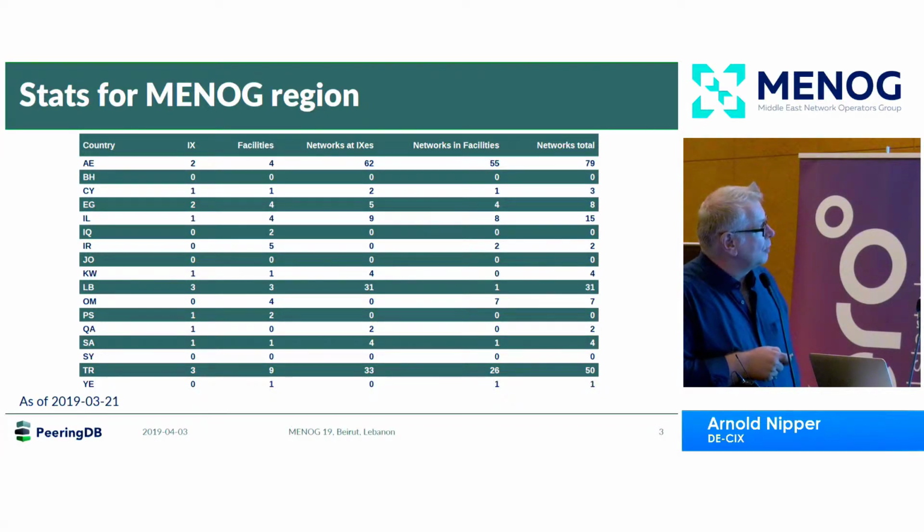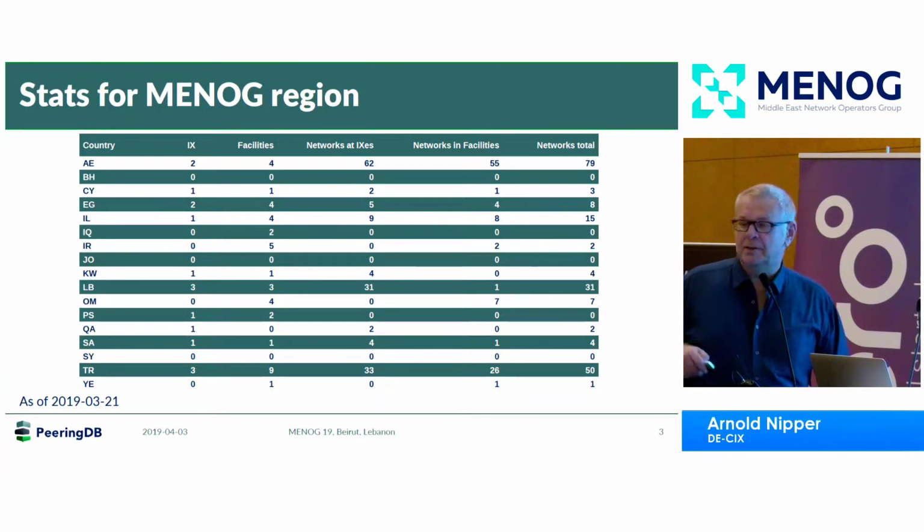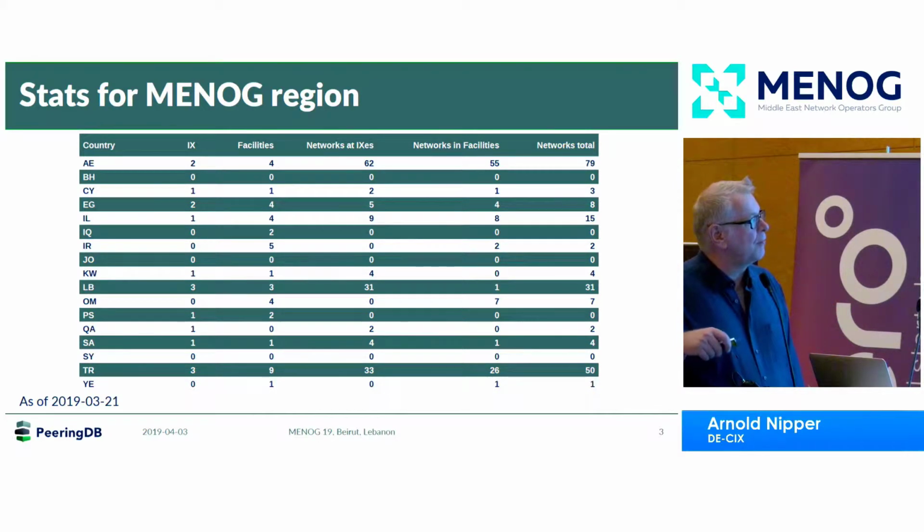I guess what we could say is healthy is, for example, the UAE, where we have 2 IXs and a lot of networks. We also see here Lebanon, where we even have 3 IXs, 3 facilities, 31 networks at IXs. Interestingly, we only have 1 network in a facility, which also seems to be connected to the IX.